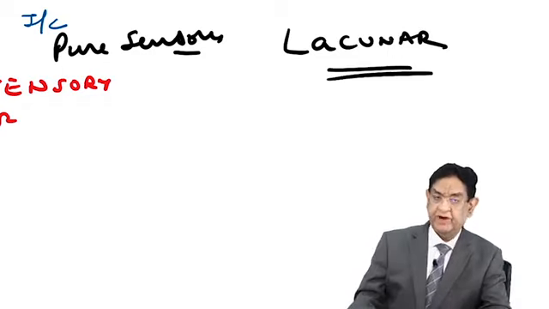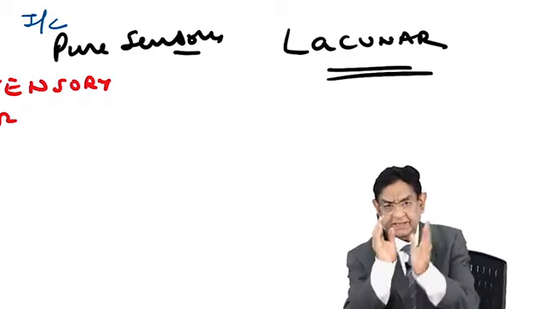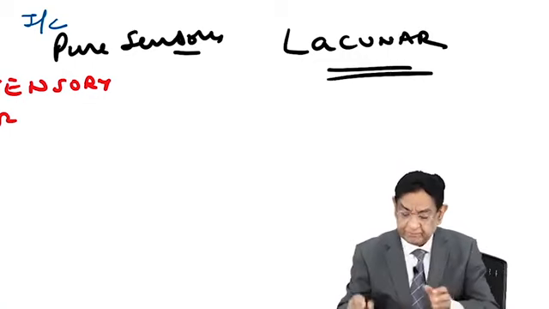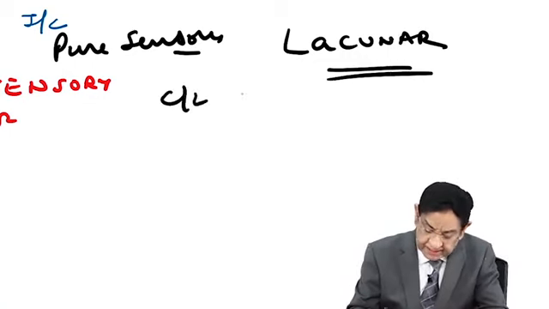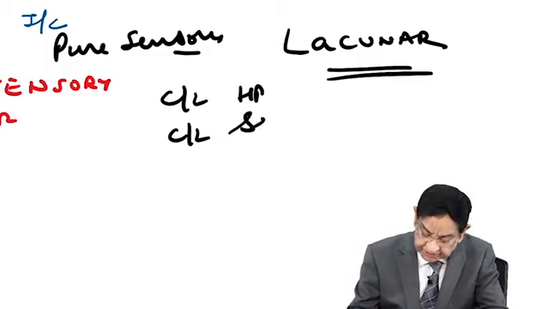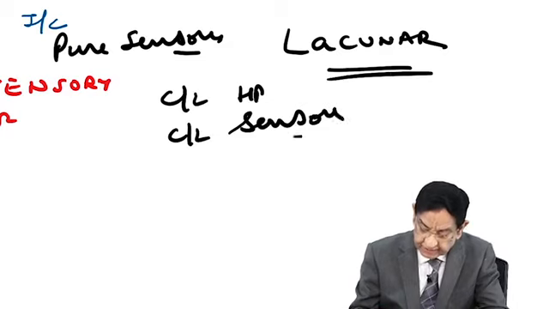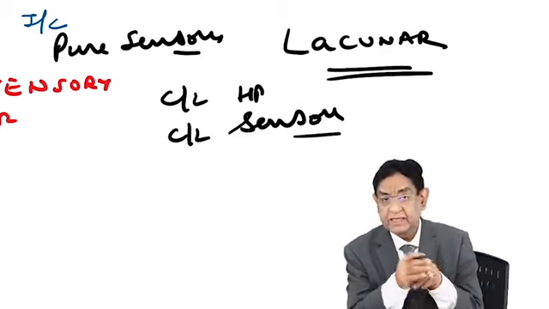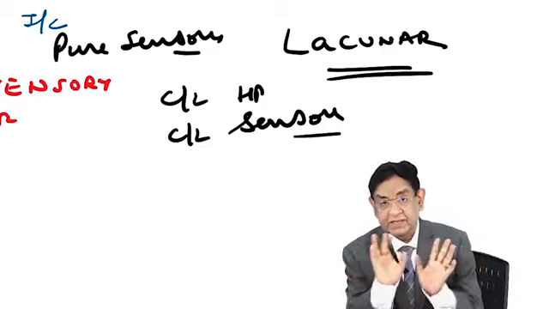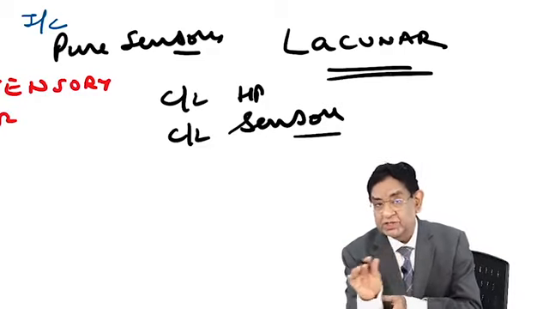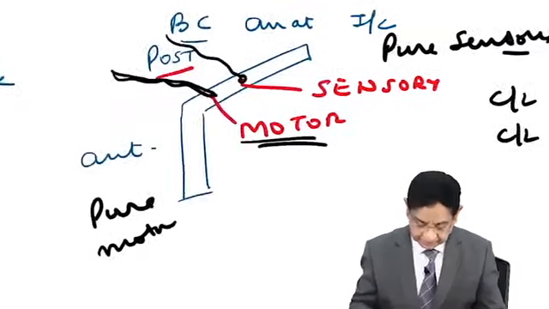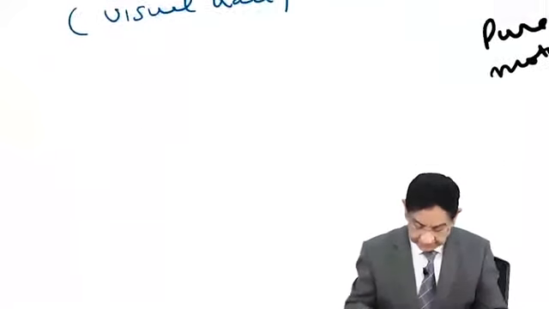But if the lacunar infarct is there, it will lead to complete contralateral hemiplegia or complete contralateral loss of sensation. Complete loss will be there because every fiber has been involved. So in our patient, it was not complete loss. This cannot be lacunar infarct.